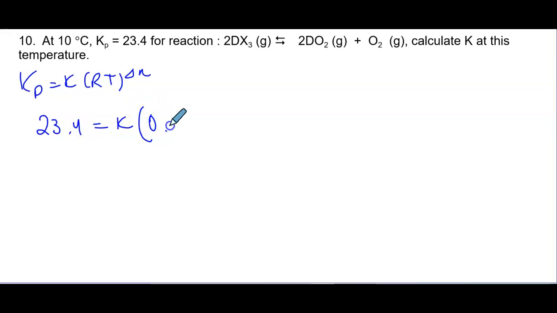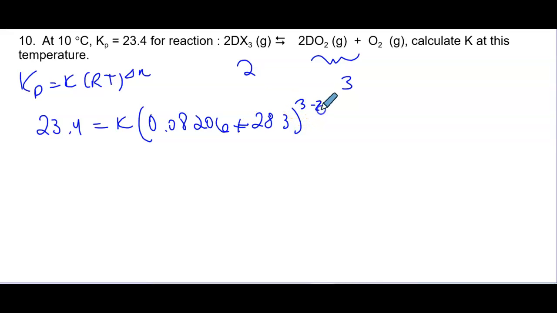So K is unknown, 0.08206 times, convert your temperature into Kelvin, so 283, and then we're going to do our delta n here. So remember that this has 3 moles and this has 2. So then we're going to take products, 3 minus 2, so we get a 1 here.